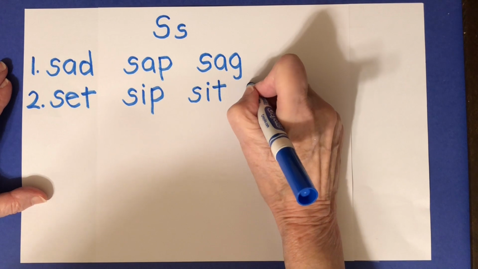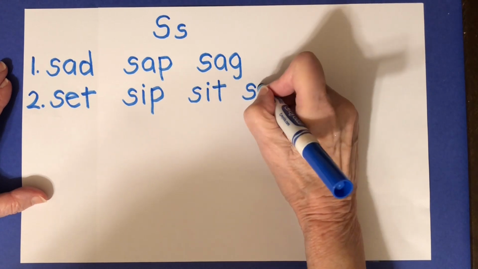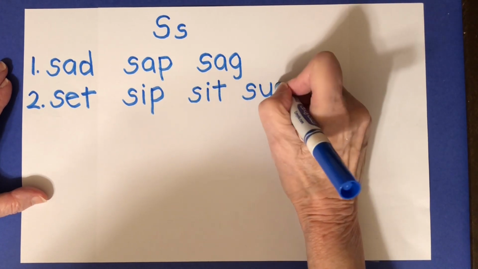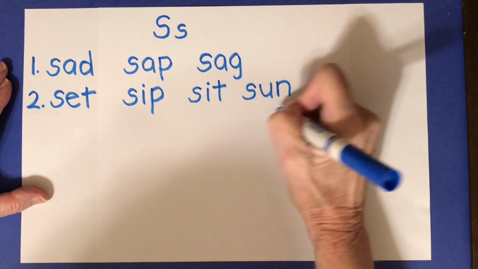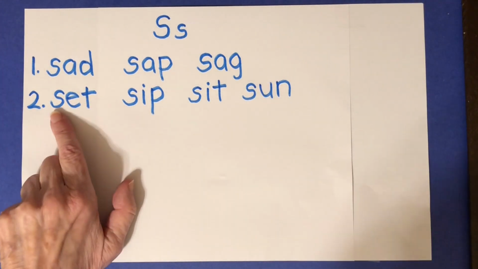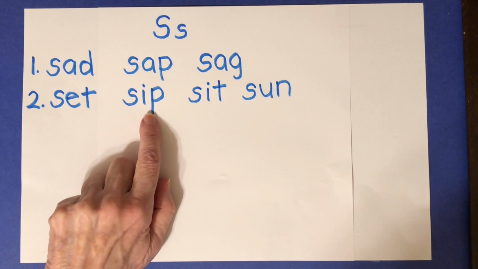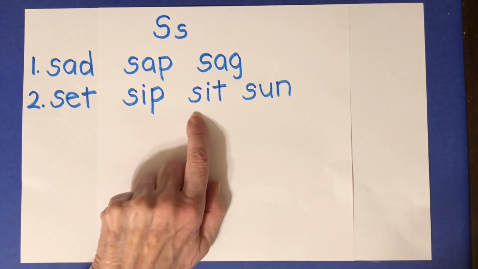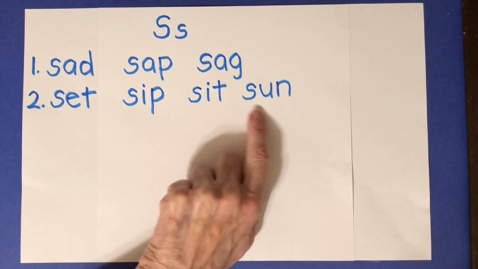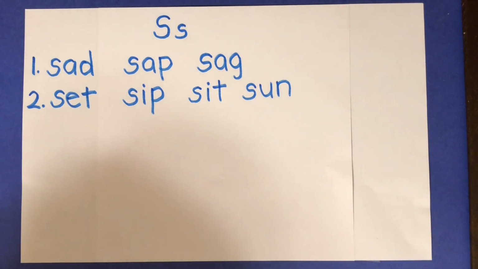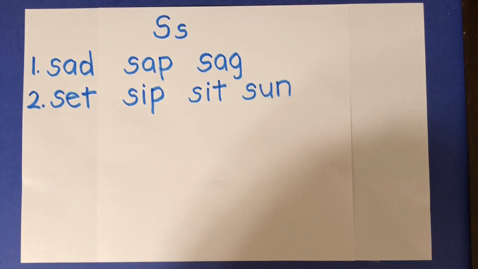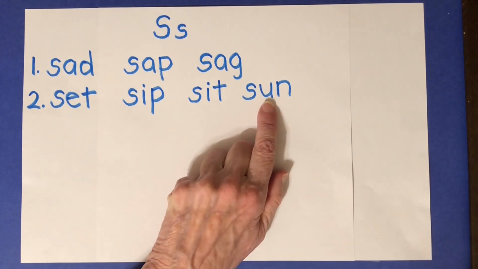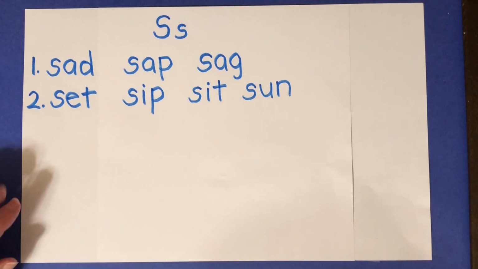Good. And here's the next one. S, sun, sun. Let's read all of them. Set, sip, sit, sun. Good job. Which word has the tubby tugboat sound in the middle? Yes, good. Sun.